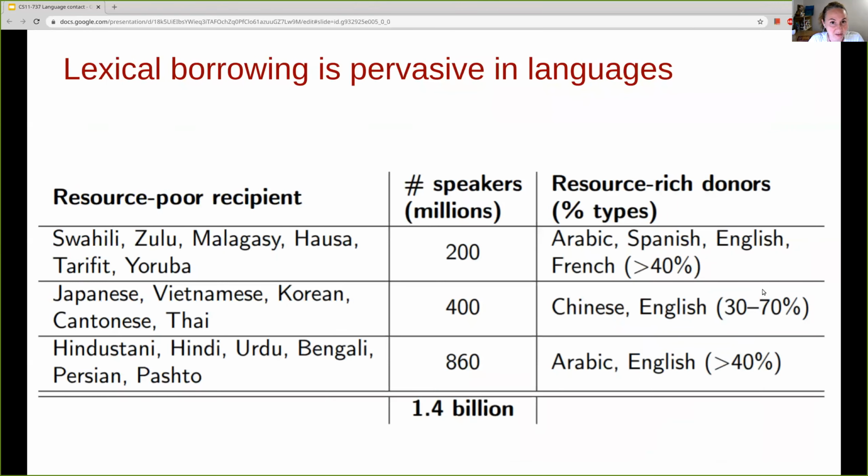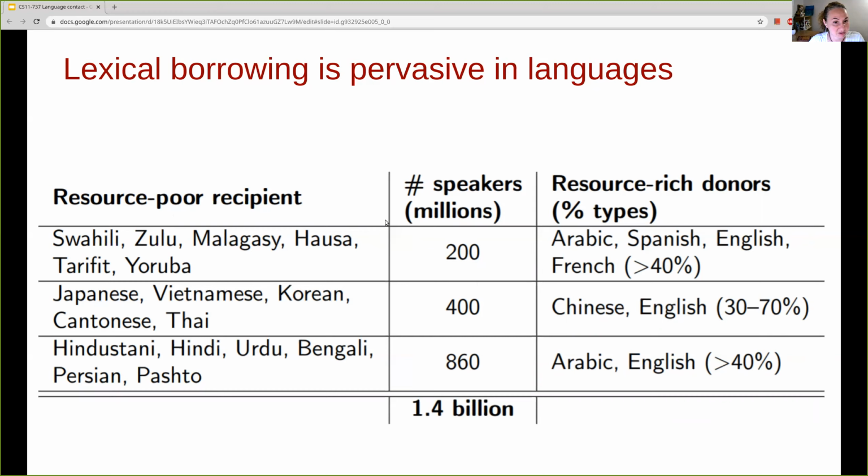And more generally, here is how pervasive borrowing is. These are resource-poor African and Asian languages. And historically, they borrowed from resource-rich languages, such as Arabic, Spanish, English, and Chinese. And these are languages spoken by billions of people, and they don't have enough resources.